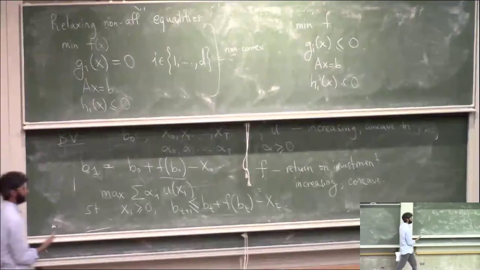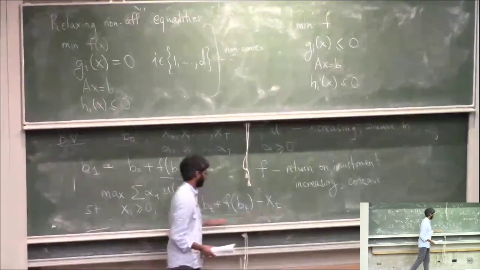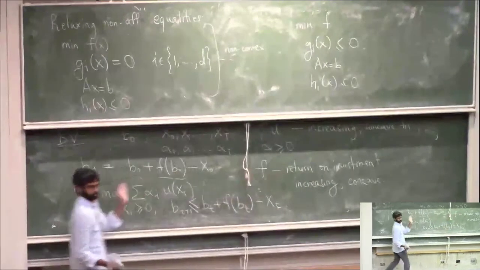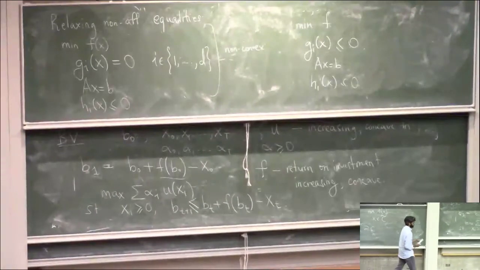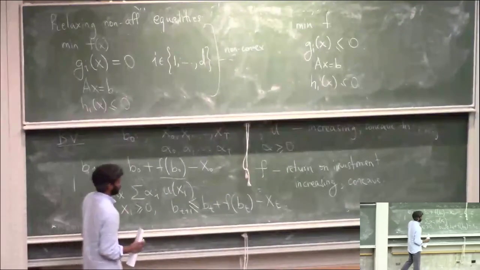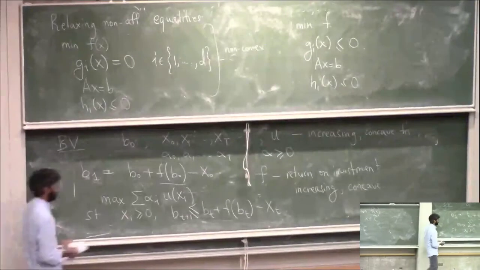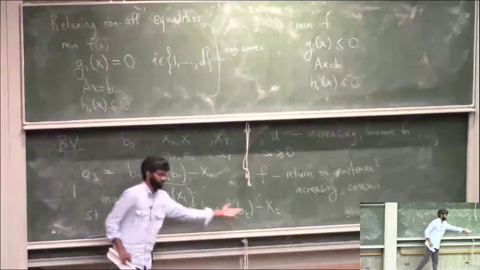What's the intuitive explanation for what I'm doing? I'm saying that I can spend this amount. I actually have exactly this, but I can throw away some money. So now you're seeing why maybe this relaxation is tight. At optimum, and this is now easy to argue, you won't throw away any money, so all of these constraints will be tight.